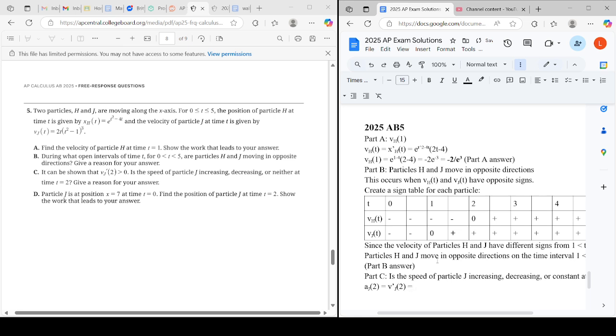And we will have to use the product rule. So this would be 2 times t squared minus 1 cubed plus 3 times 2t times t squared minus 1 squared times the derivative of what's inside, which is 2t.